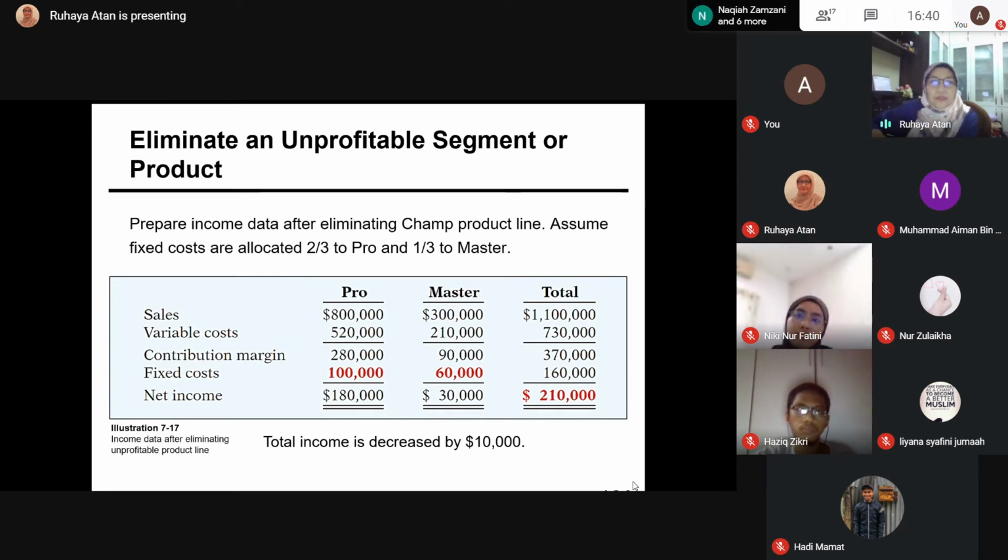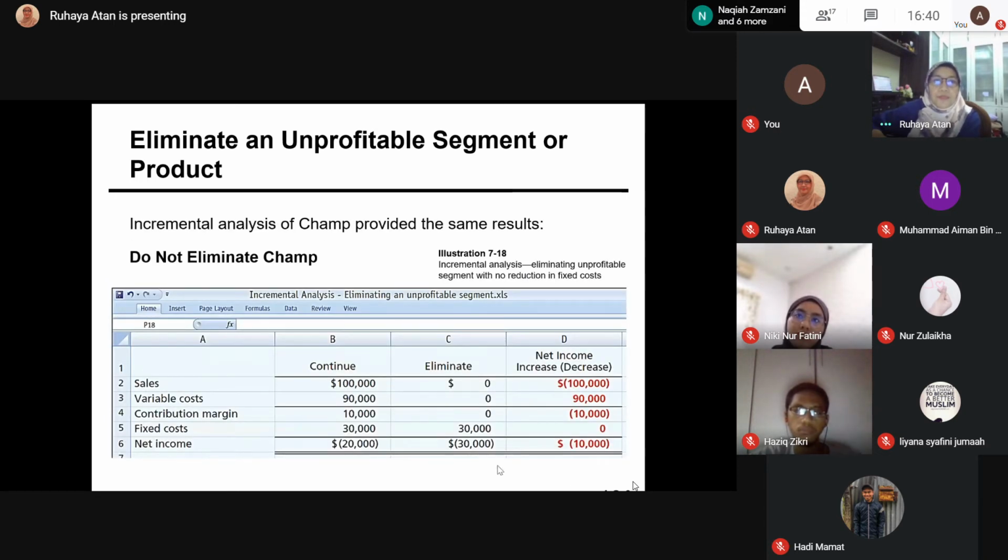So what do you think? Do you want to eliminate CHAM or not? Of course, your decision will be not to eliminate CHAM, isn't it? Yes. Okay. So there is an incremental drop in the income if you close or you eliminate or stop producing and selling CHAM.